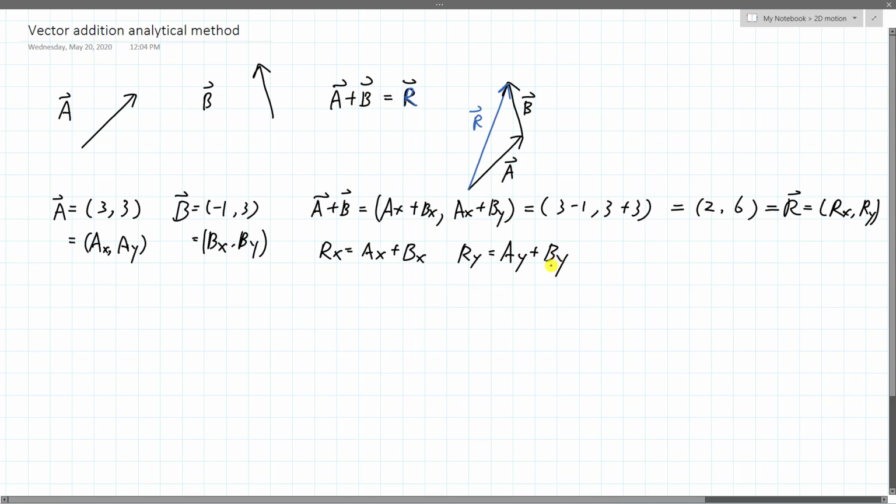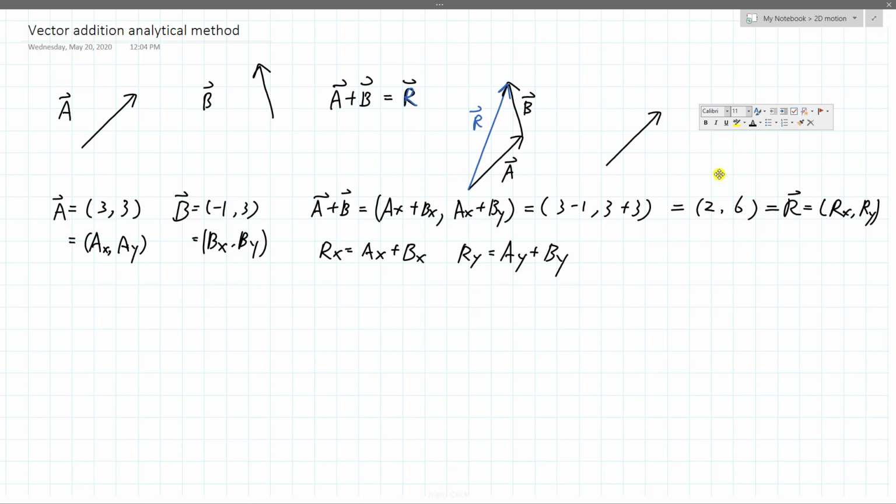Have a negative of a vector, right? So we have some space here. We'll review that. So this is A, and maybe I'll paste another one.